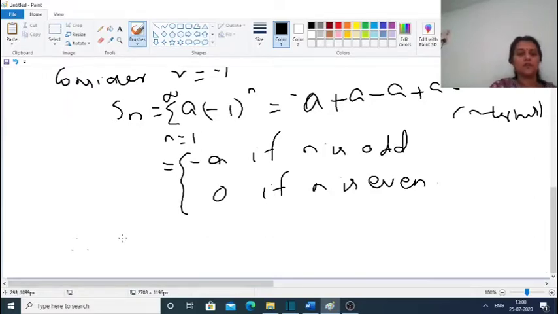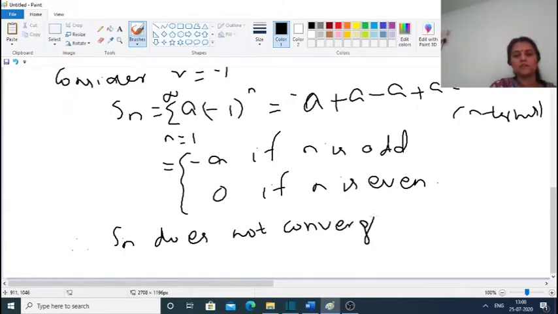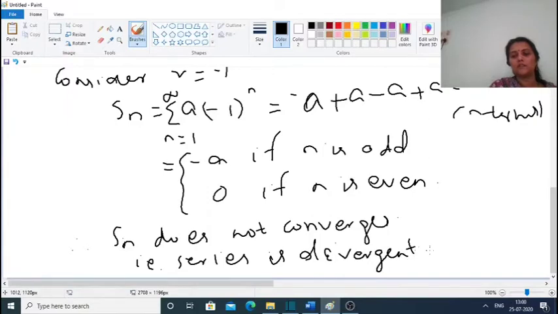Therefore Sn does not converge, that is, the series is divergent when r is equal to minus 1.